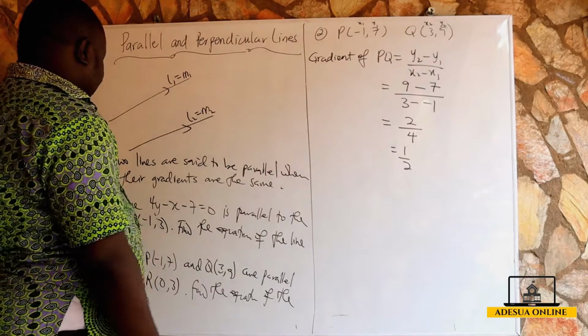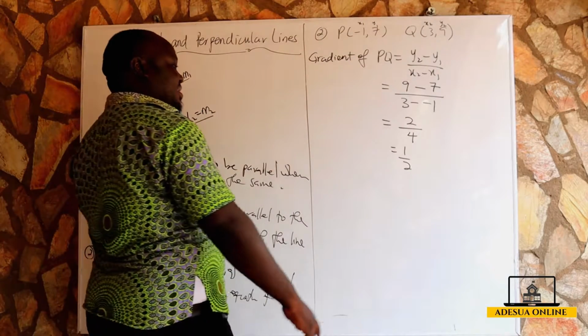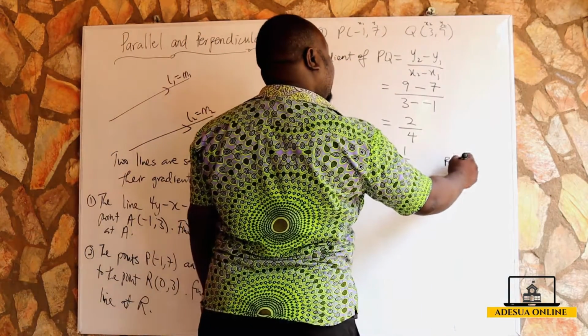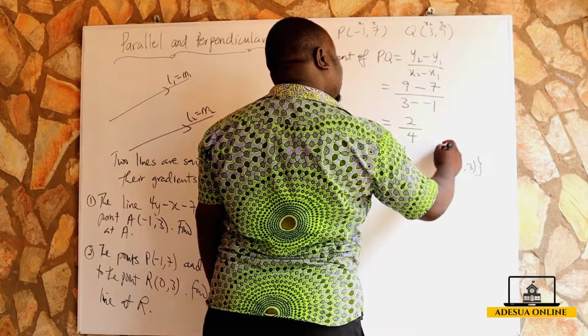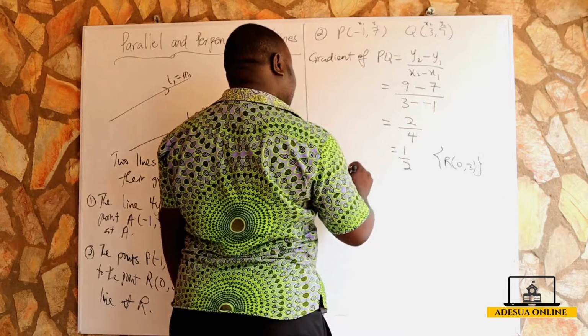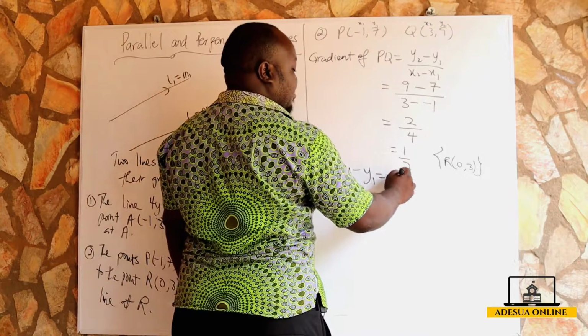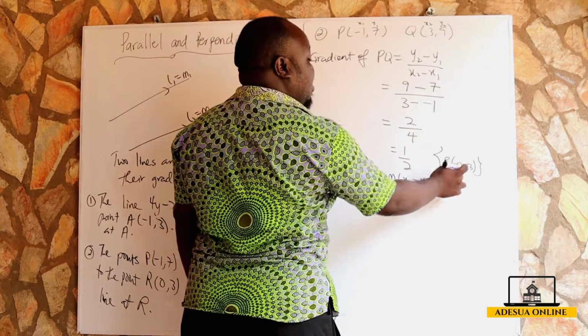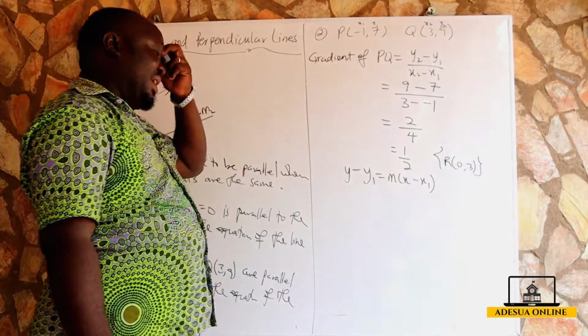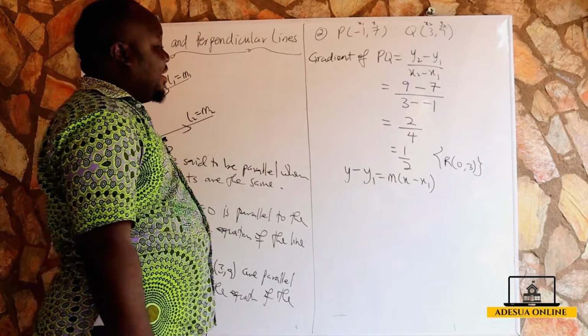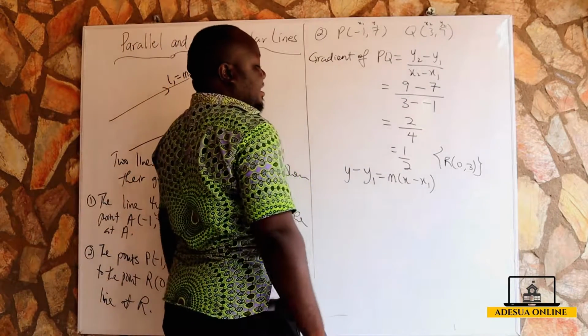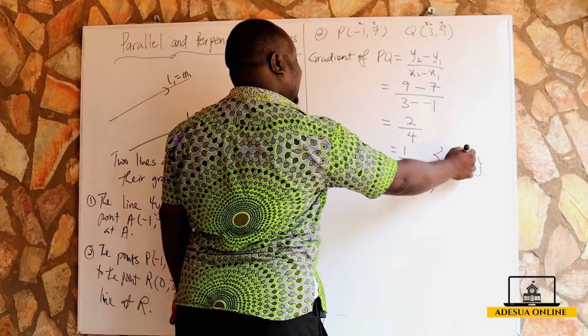Now using the gradient and the point R, the point R is what? (0, 3). Using these, and the equation of the line y minus y1 equal to m times x minus x1, we can get the equation of this line by using this gradient and this point as our x1 and y1.